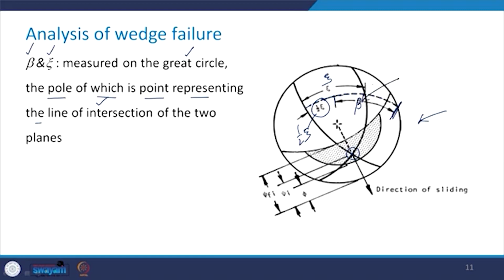So, once we obtain these angles beta and zeta, we can find out the factor of safety for the slope where the wedge failure is likely to take place. Although I have discussed a very simple case with you, I tried to give you the basics behind the analysis of the wedge failure.